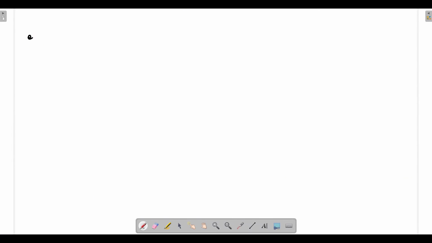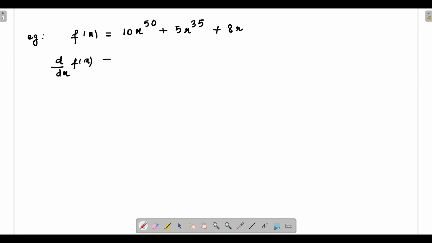So let us take one example quickly. f(x) is equal to, suppose, say 10 x raised to 50 plus 5 times x raised to, say, 35 and plus 8x, or we can take minus 8x. Okay, or plus we will take. Okay, no problem. Now the derivative of f(x) will be what? So this is a polynomial.